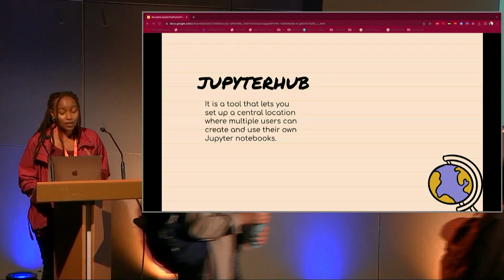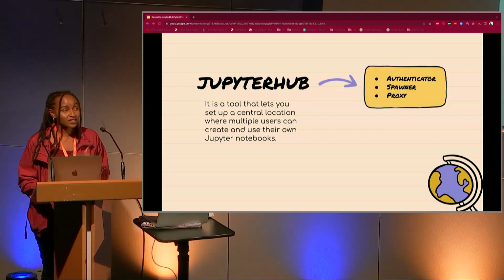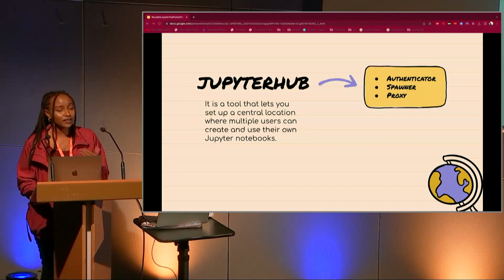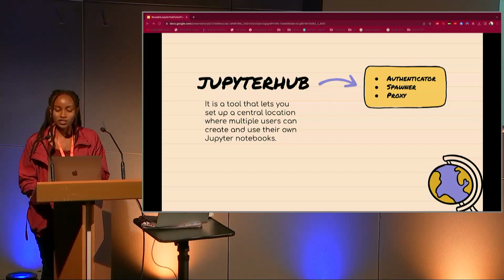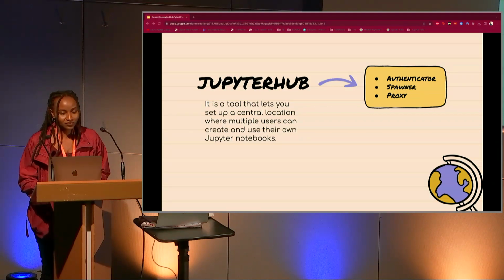JupyterHub is made up of a couple of components, such as the authenticator, which verifies usernames and passwords of users who want to log into JupyterHub, the spawner, which starts each single user notebook server, and the proxy, which allows users to communicate with the hub, and vice versa.